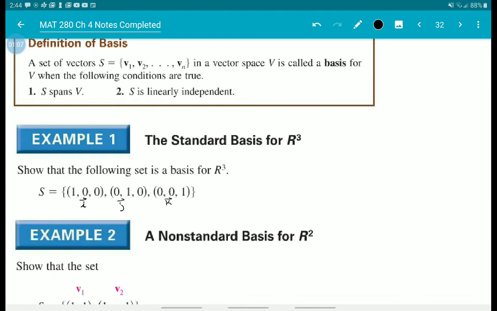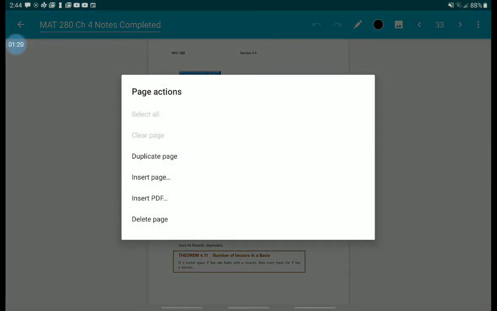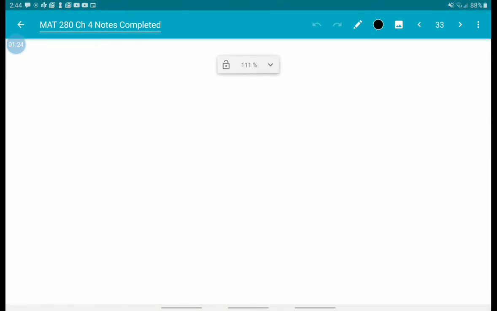Now, what I'm going to show you is that these three vectors match that criteria. It's going to span all of that vector space, and it's going to be linearly independent. So let's start with spanning all of R3.